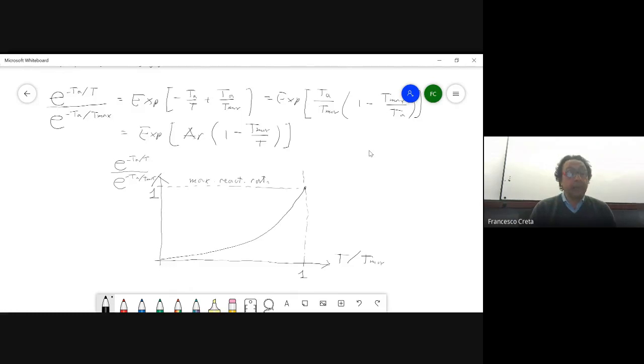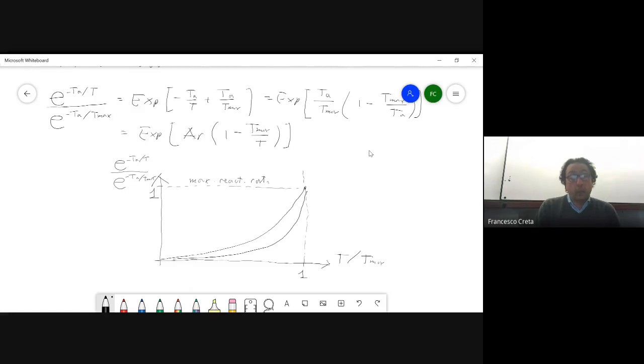Now, the interesting fact is not so much that the reaction rate increases with temperature; this we know. We essentially have a larger and larger fraction of molecules individually having energies bigger than the activation energy. What's interesting is the sensitivity of this function to the Arrhenius number.